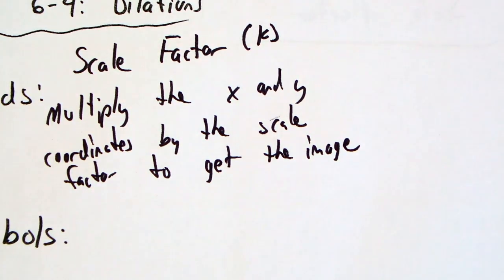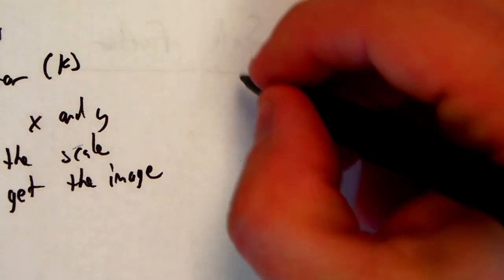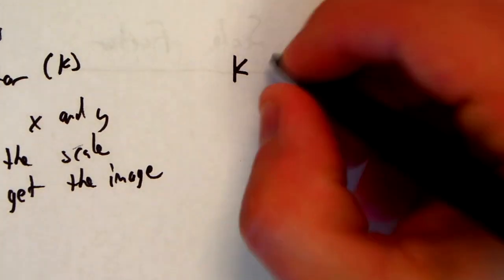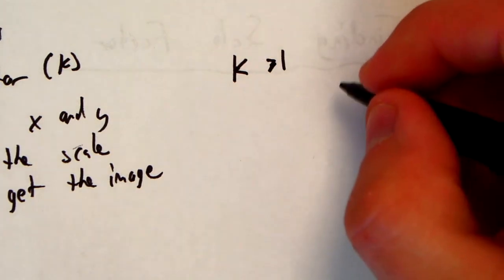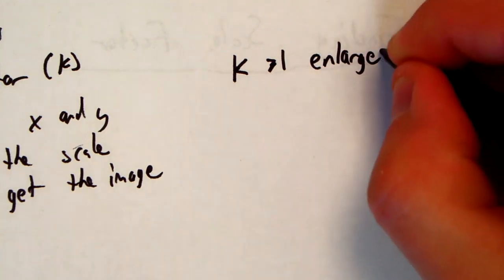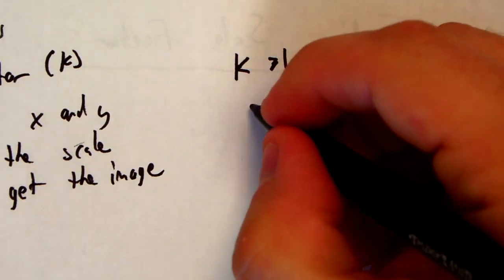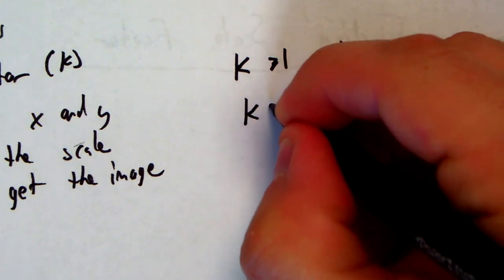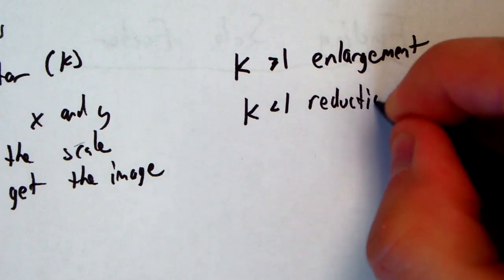Now, there's some special things we want to talk about when it comes to our scale factors. So if we say that k is greater than 1, what this means is we're going to have an enlargement. We're going to be getting something that's bigger. If we have k less than 1, we have something called a reduction.